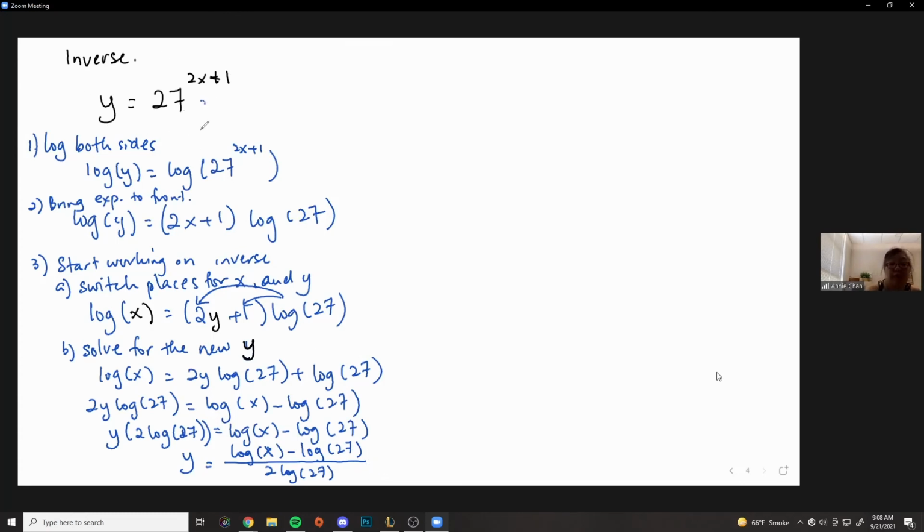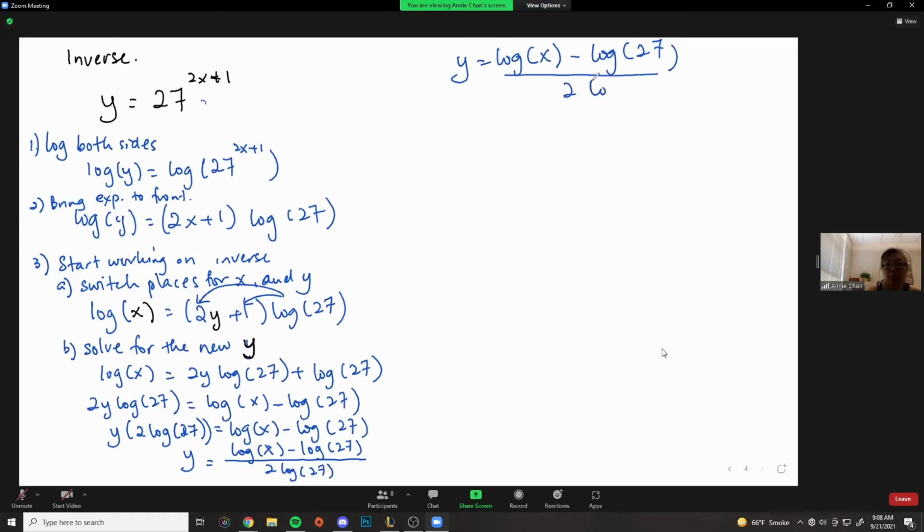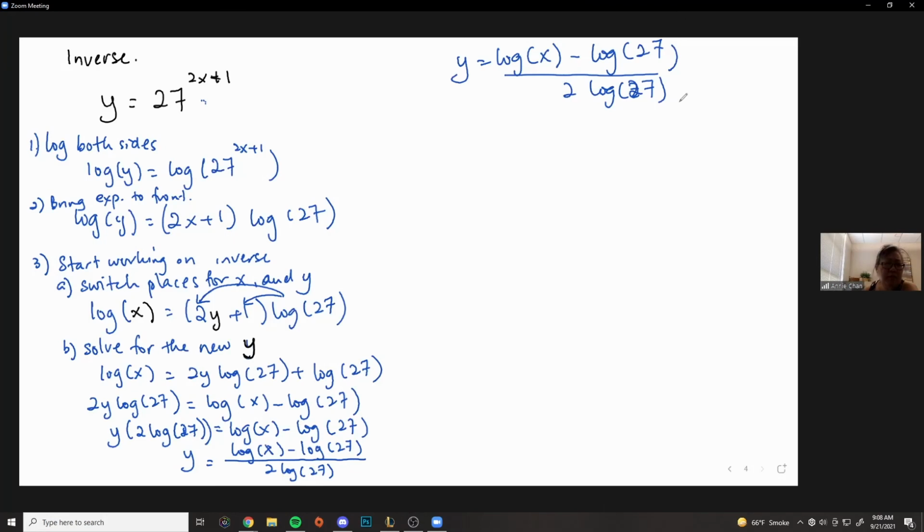If they say you have to write it back into this format, let's try, okay? y is equals to log of x minus log of 27 over 2 log of 27. How do I write it in this manner where I don't have any logs? Can I do that? Or simplify it into 1 log? They might say simplify it into 1 log.